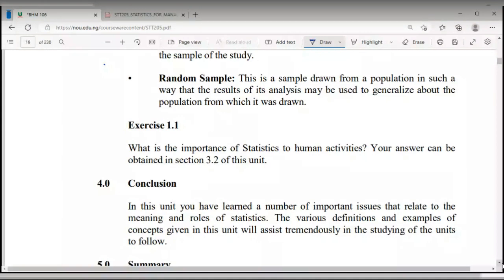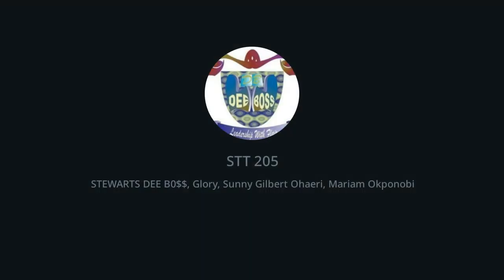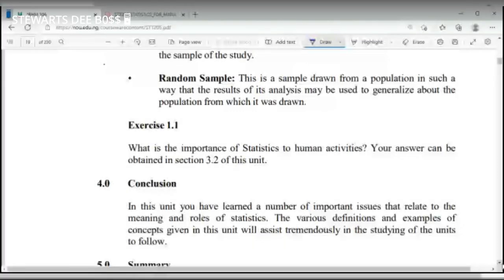Yeah, it's clear. Okay. So now, what is the importance of statistics to human activities? Can anybody answer that before we conclude and call it a night? It helps in making decisions.